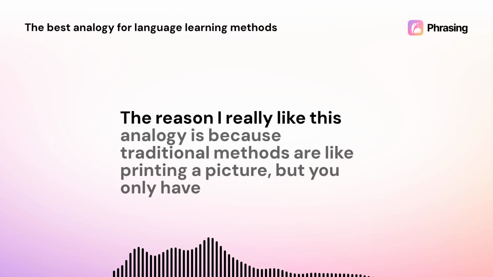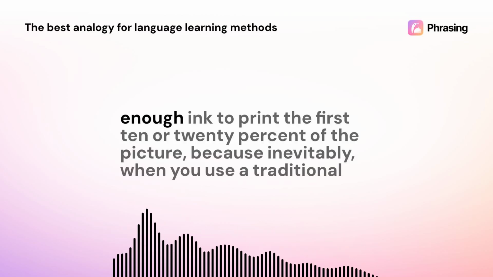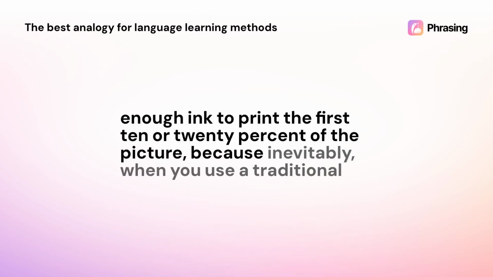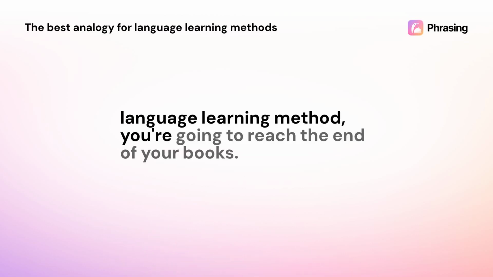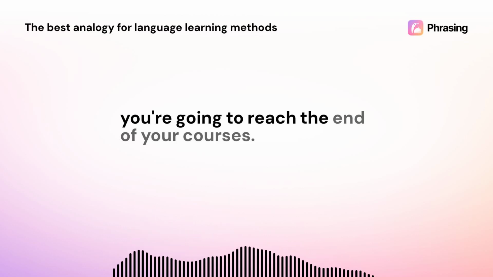The reason I really like this analogy is because traditional methods are like printing a picture, but you only have enough ink to print the first 10 or 20% of the picture. Because inevitably, when you use a traditional language learning method, you're going to reach the end of your books. You're going to reach the end of your courses.